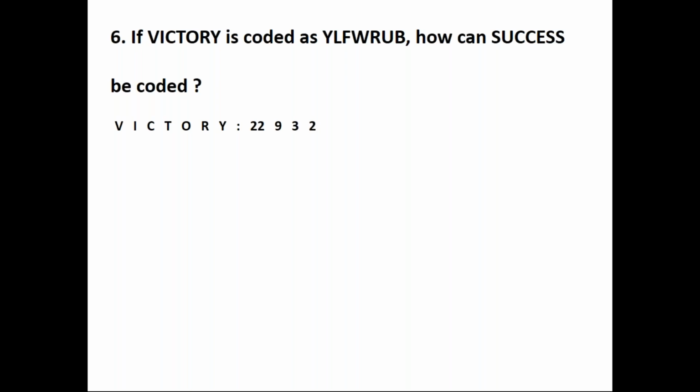We followed the numeric numbers of letters: V22 to Y25, 22 plus 3. So V22, I9, C3, T20, O15, R18, Y25 become Y25, L12, F6, W23, R18, U21, B2.